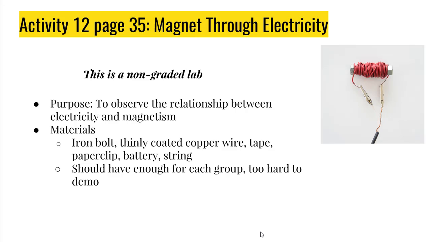And this is another one I recommend for maybe doing as a demo, and then having the students do it afterwards after you've already created it, only because it can be a little bit tricky to get the copper wire wrapped properly, to get it enough to connect all the clips. It's really up to you, but it's a good payoff because you can kind of see the electricity and magnetism connection. But yeah, just a little bit of setup. It does take time, so just keep that in mind.